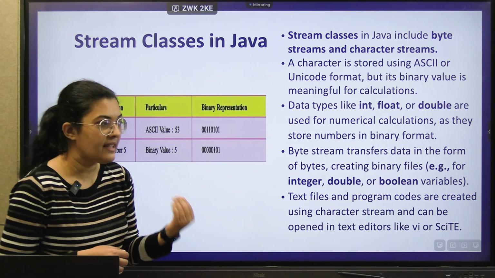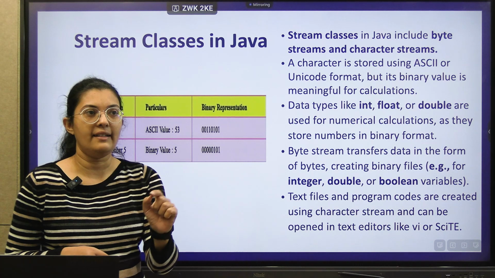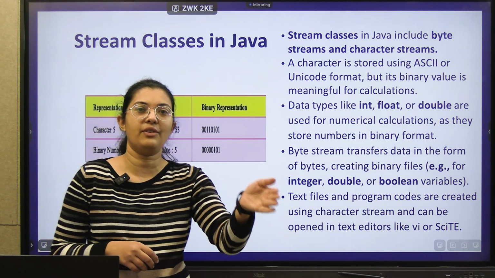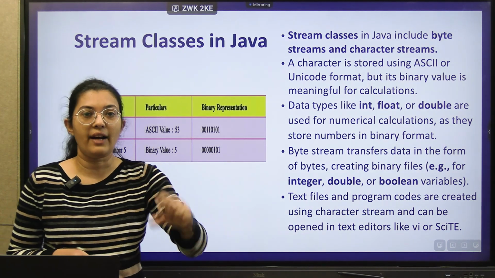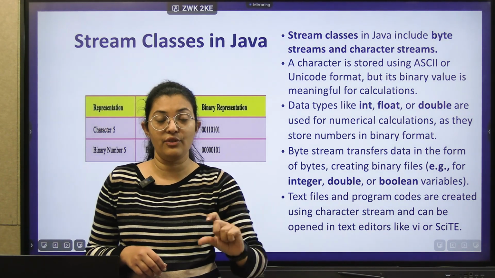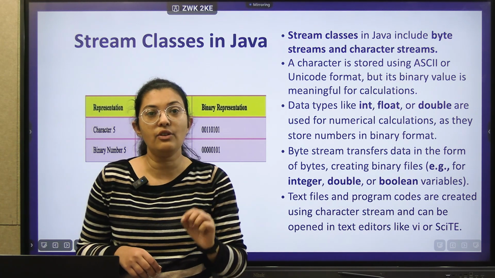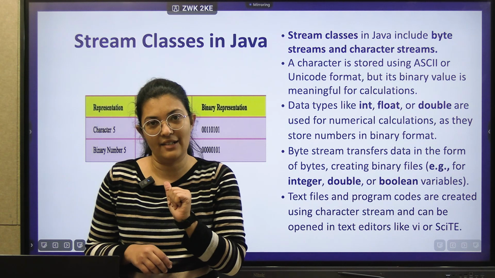For example, if you are using a character stream and you write 53, then 5 is considered one character and 3 is considered a different character. The character 5 has a different ASCII value from the integer 5.